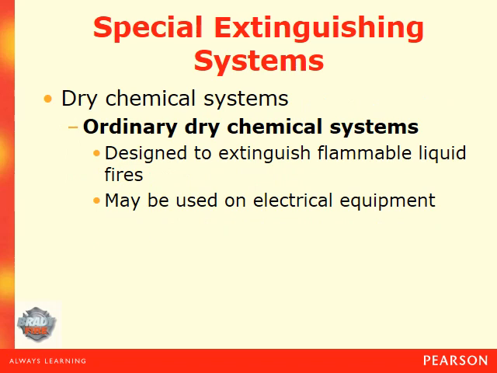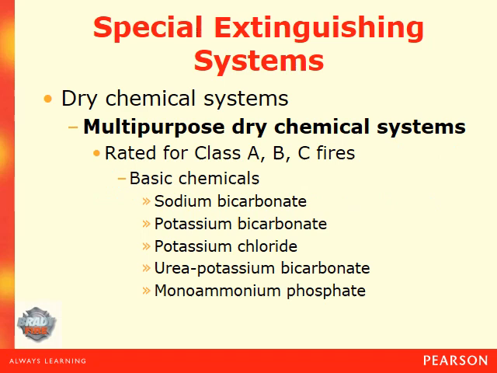Another system is your dry chemical system. These are designed to extinguish flammable liquid fires, and they may also be used on electrical equipment. These are your traditional type ABC extinguishers.